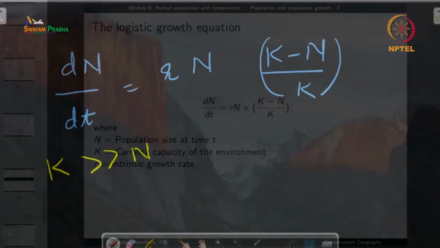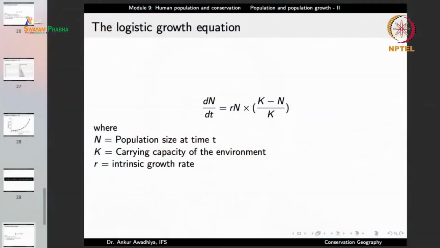Suppose the carrying capacity is around 10,000 individuals. So the environment can support 10,000 individuals, but currently we have only, say, 10 individuals. So K is very much greater than N.